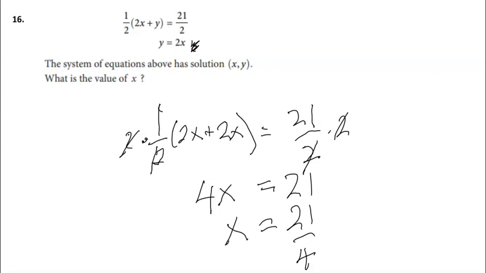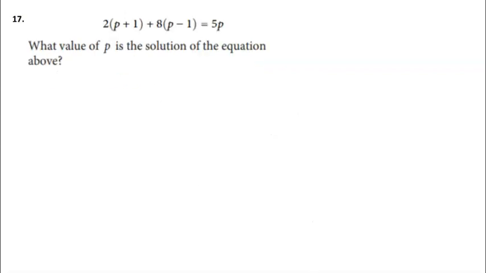All right, so let's go to question number 17. Right? Question number 17 is simple. We just simplify this as an algebra and solve it. So we have the first term becomes 2p plus 2 plus, we distribute 8 over.